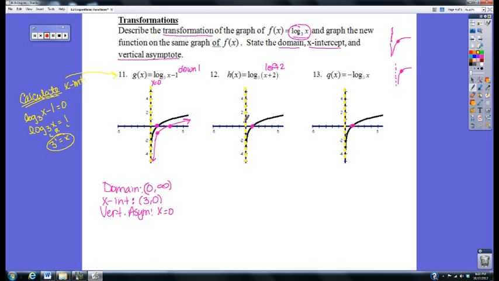If it started at 0, then I'm going to move it to the left 2. So it's going to be right here at negative 2. So I'm going to go ahead and write that down, that my vertical asymptote is at x equals negative 2.